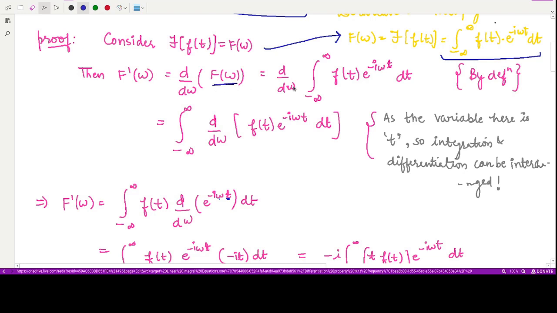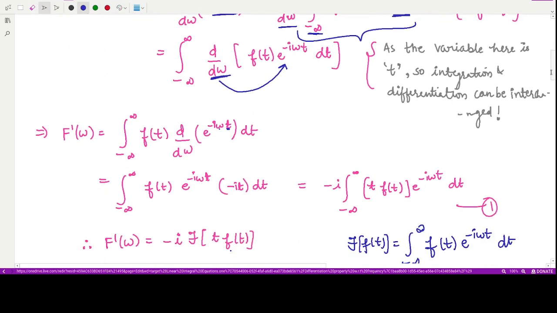We can apply this definition here, and then interchange the integration and this derivative. Why? Because this integration is performed with respect to t and the derivative is with respect to omega. So we can interchange them, and because we are taking the derivative with respect to omega, we only perform the derivative of this particular term.